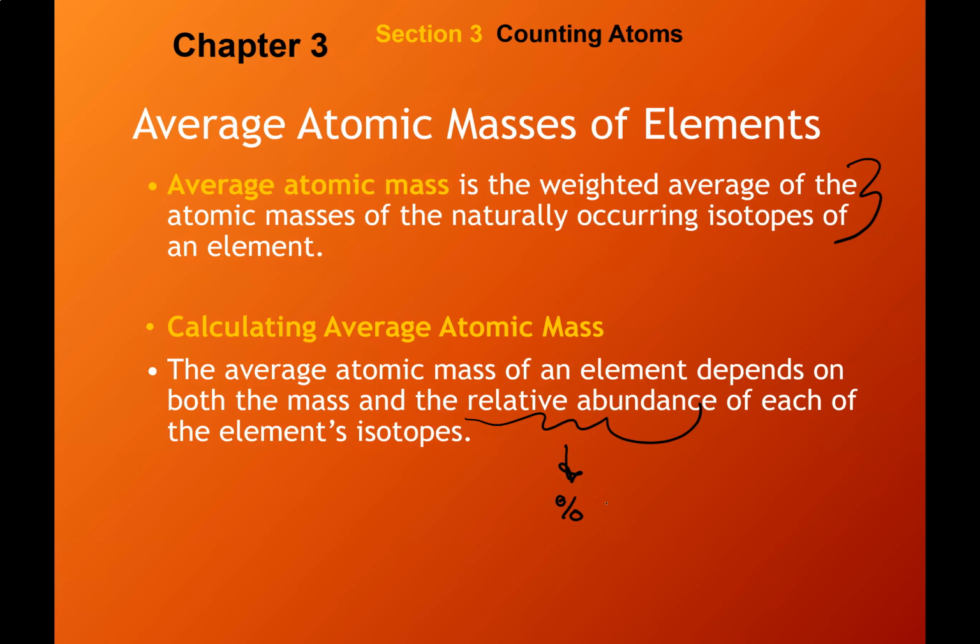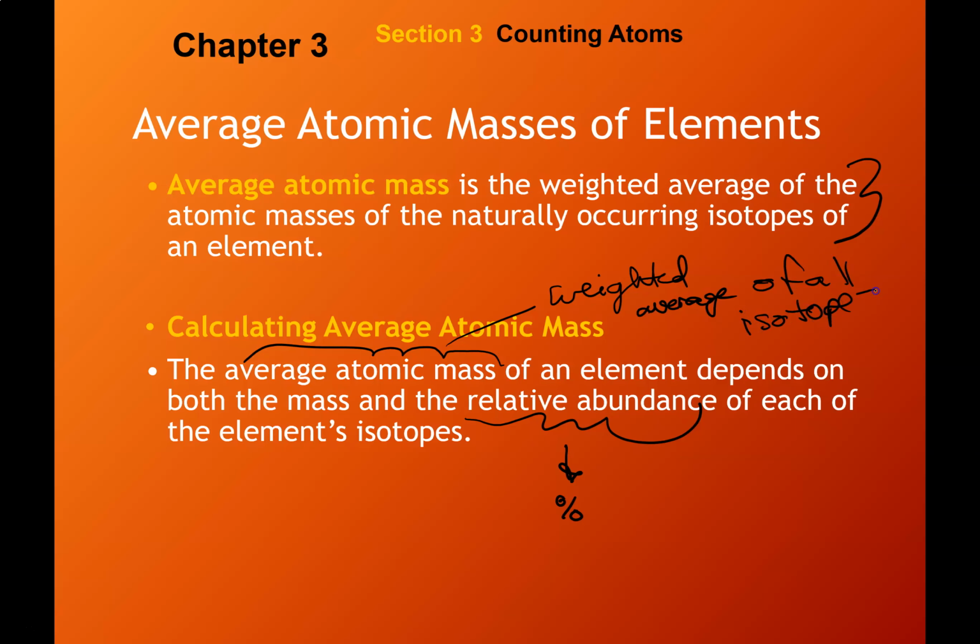Each different isotope of an element is present in our environment in a certain percentage, and we use those percentages and how much those things weigh to determine the total average atomic mass of an element. So this is what we call a weighted average of all isotopes. And we're going to see an example here in a second.